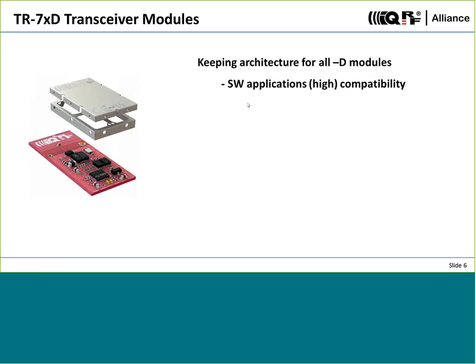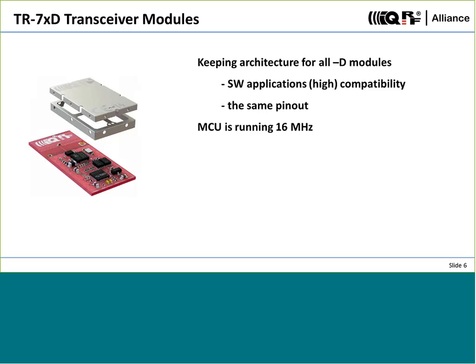There are just some commands that should be slightly modified, but this is something we can help you with. The second thing is that there is the same pinout. So basically, if you have your hardware ready, you don't have to change anything.